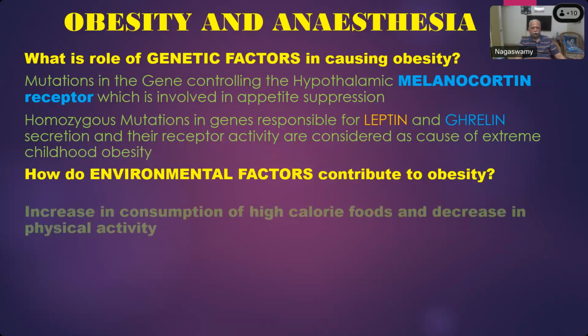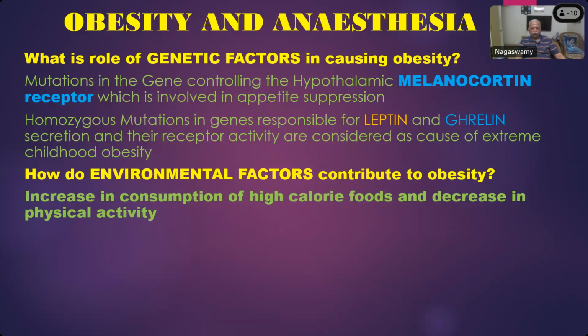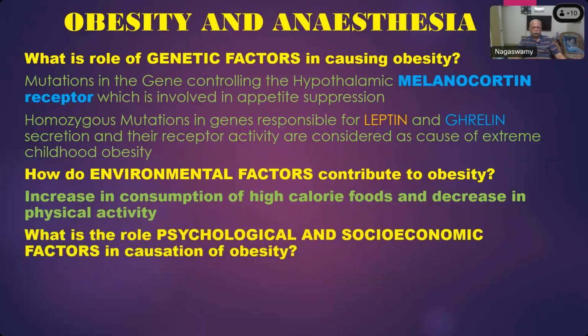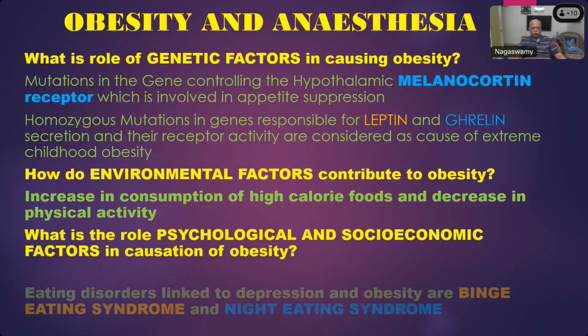That is about increased consumption of high calorie foods and decrease in physical activity, especially nowadays with all the junk foods that are available, pizza, burger, everybody is fond of that, and all of them have a huge amount of calories, especially children. All the time they want only pizza and burger, and if you eat more of them, the calorie intake becomes more. Then the psychological and socio-economic factors are a cause for obesity.